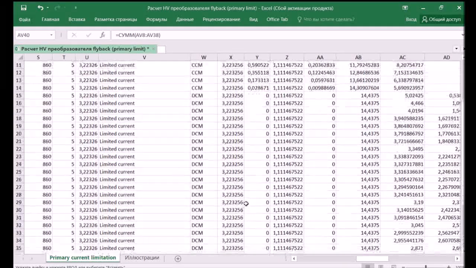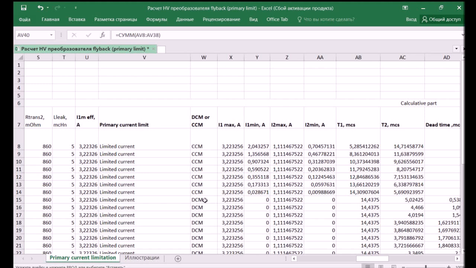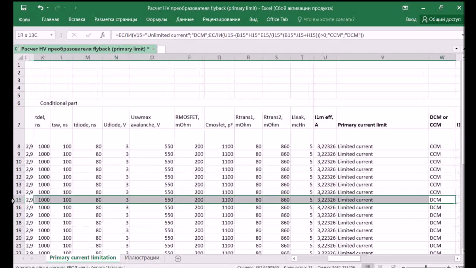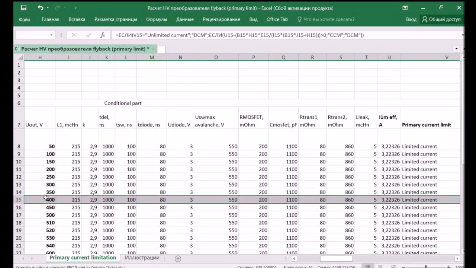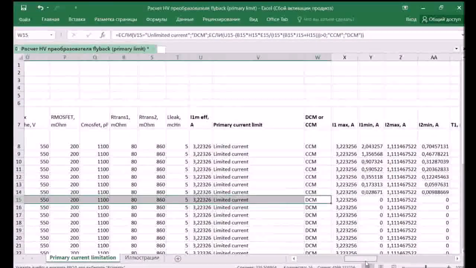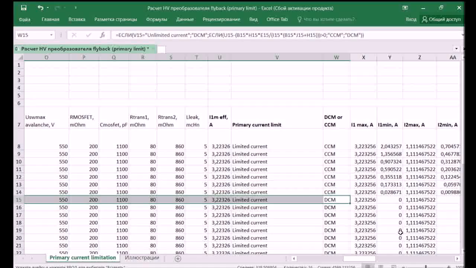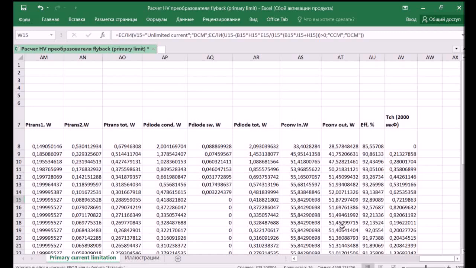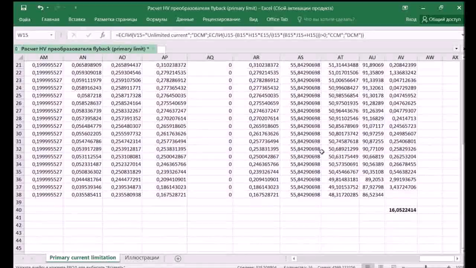Why is it so? It is so because our converter goes to DCM mode already at 400 volts output. It is limited current now, so output power will not change so abruptly. Yes, we can see that there is no abrupt change in power, but its total value is quite little, only about 50 watts.